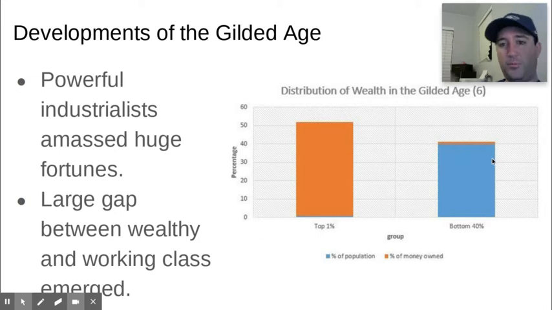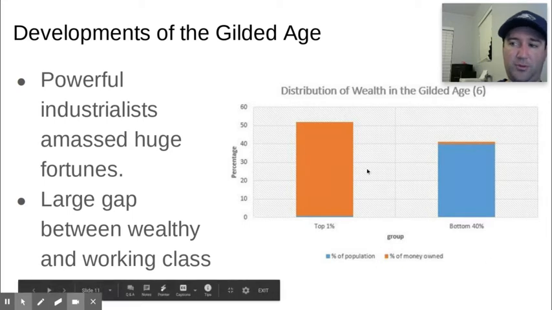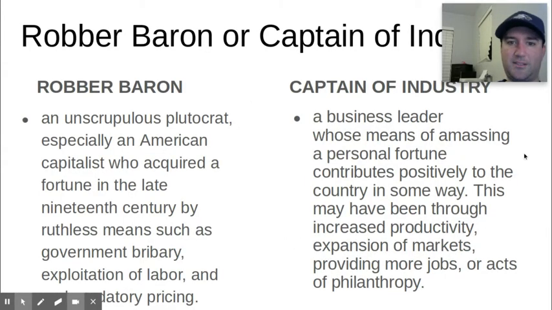So there's a complete flip, and you have a very small number of people who are extremely wealthy, and very many people who have very little money to make ends meet. This is something we'll talk about a little more in the next class.